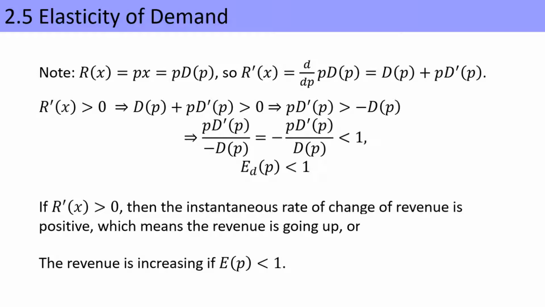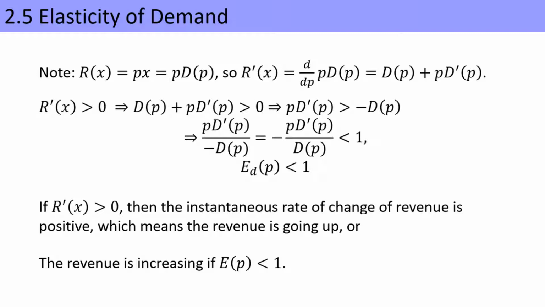That would get us to P times D prime of P divided by the negative of D of P. Let's set that equal to, we'll move the negative to the outside of the expression, negative, and in the numerator, P times D prime of P, all divided by the denominator, D of P, is less than 1.